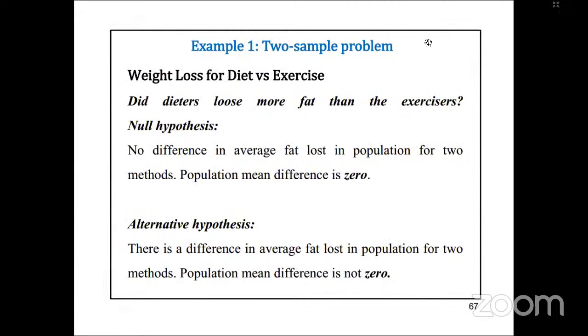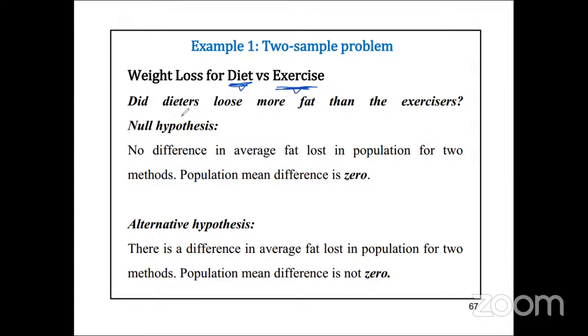A very common and important example we can say: suppose we are studying a weight loss program by using diet and by using exercise. Suppose I want to lose weight, then obviously I will be wondering whether I should adopt diet or exercise.